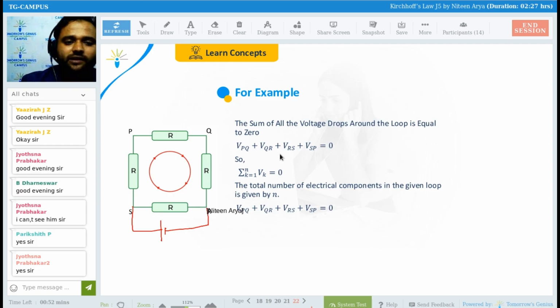The potential gets divided across these loop elements, PQ, QR, RS or SP. The sum of all potential differences across these resistances is going to be 0 net, because the moment you run in a closed path, the net energy change is 0. Conservation of energy, as simple as that. That is known as KVL, and it is really important.